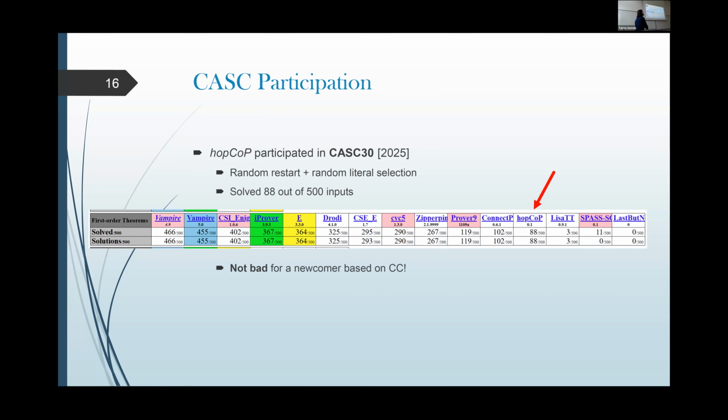And we were not last. We want to go first, right? I think it's a respectable result for a theory prover participating for the first time: 88% out of the 500 problems that were given to us. I think that's not bad.